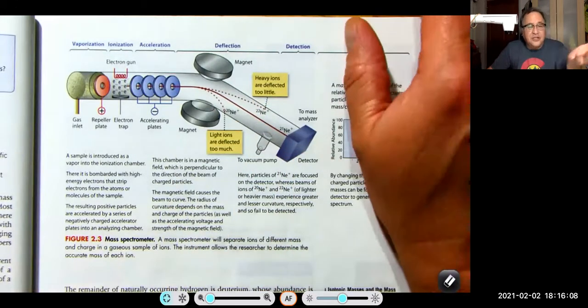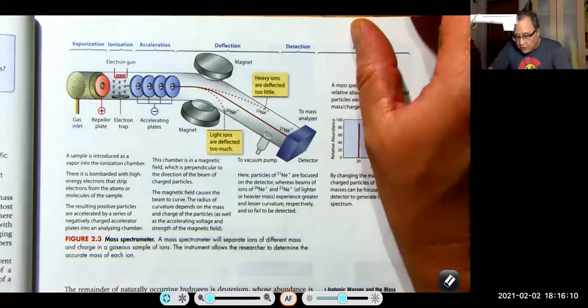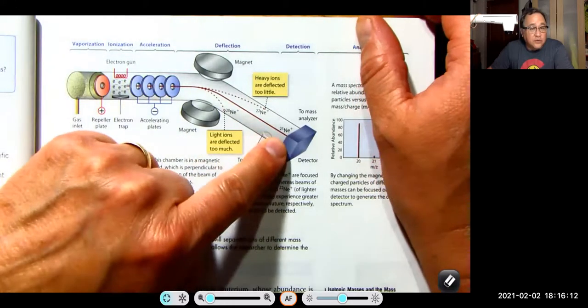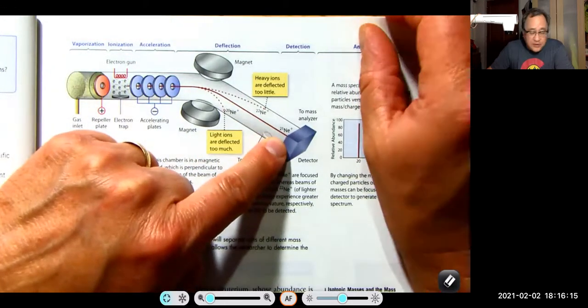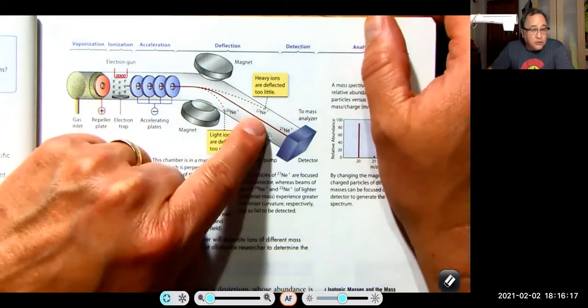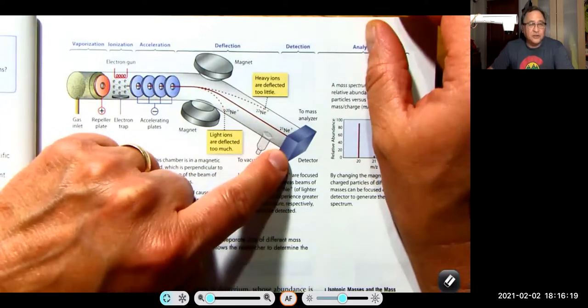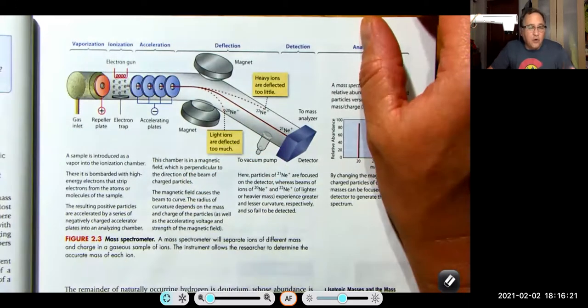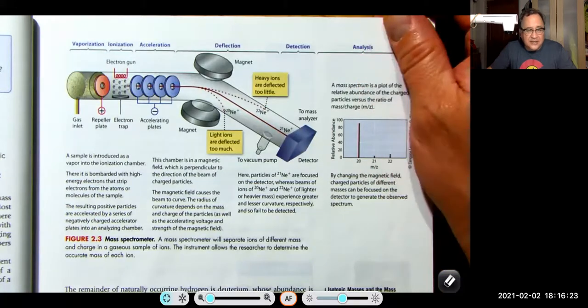And then you can change the tuning of the magnet so those with a mass of 21 go through. Then you can change the tuning of the magnet so that those with 22 go through and hit the detector. So you can adjust the magnet so only particular masses get to the detector.